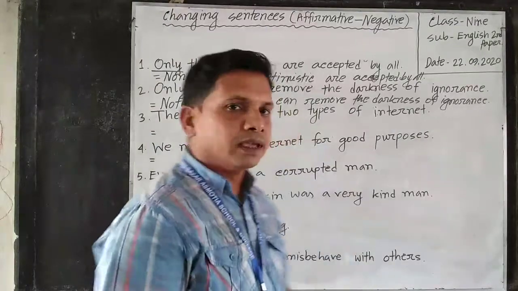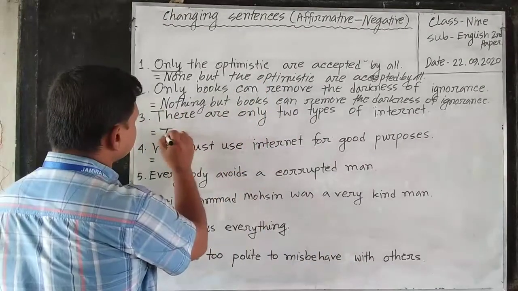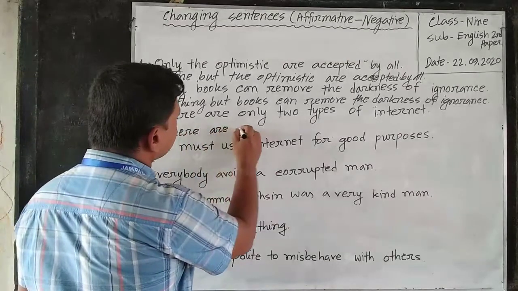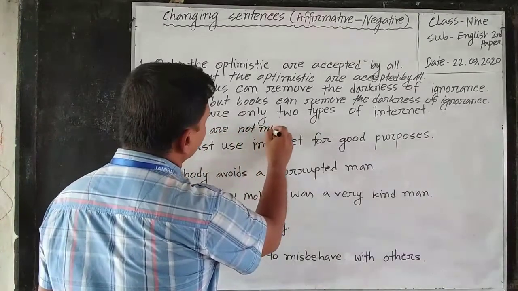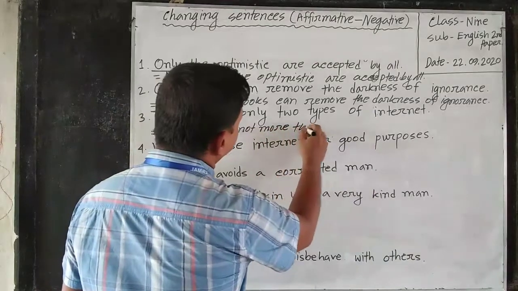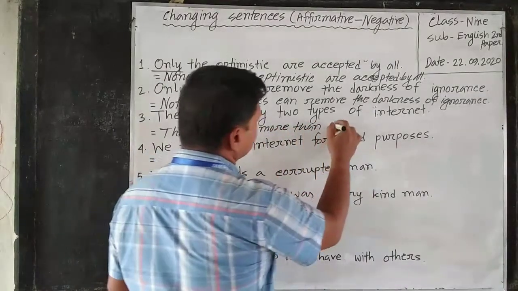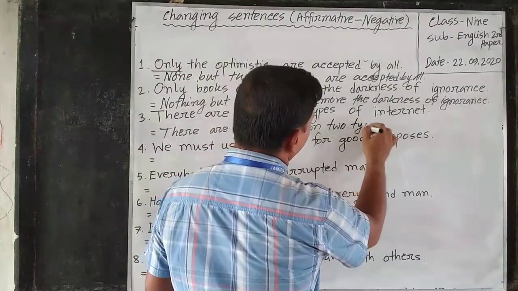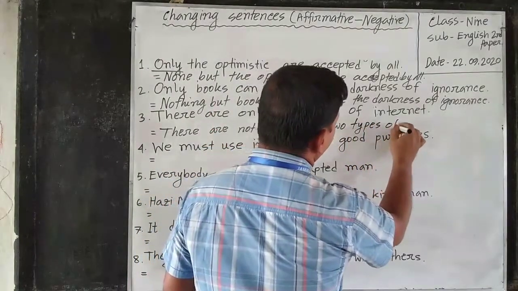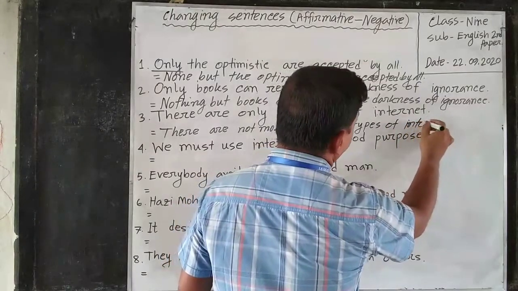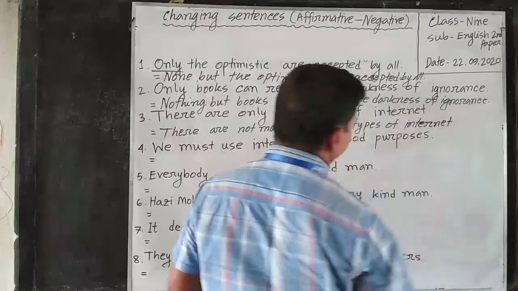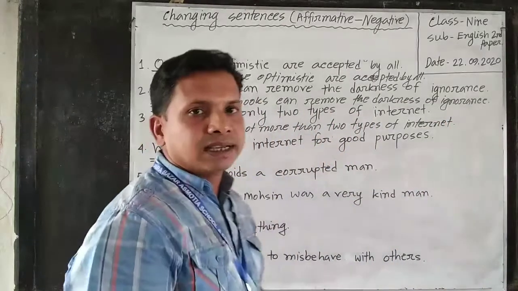So the answer will be there are not more than 2 types of internet.